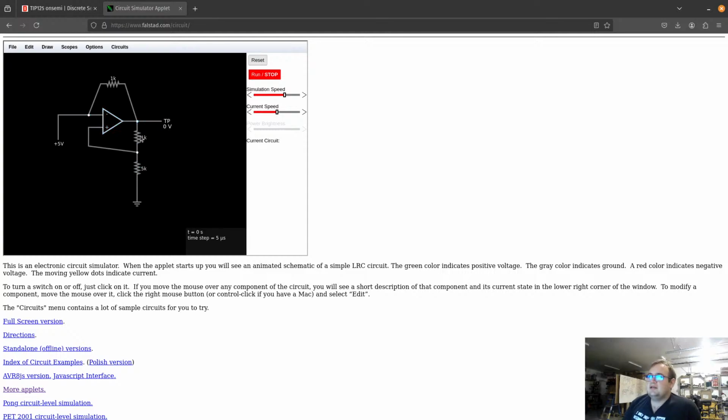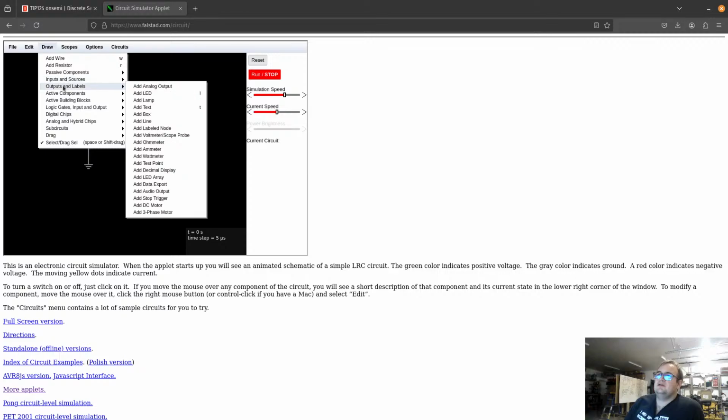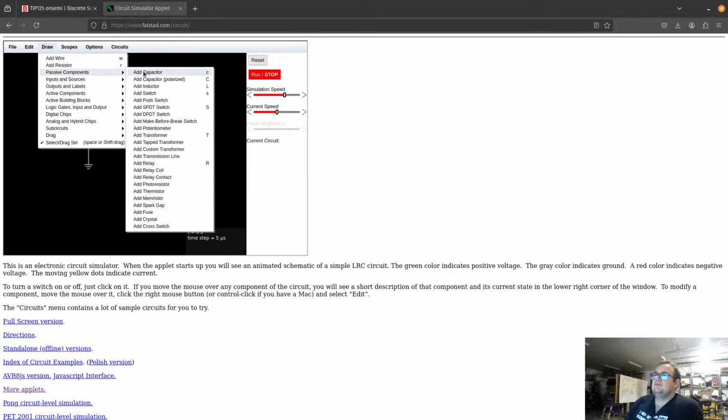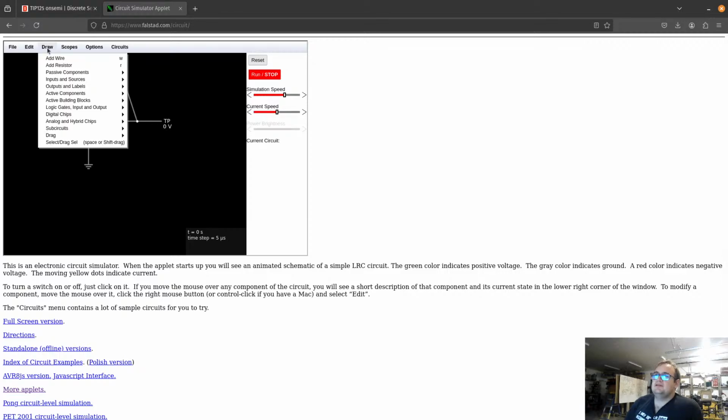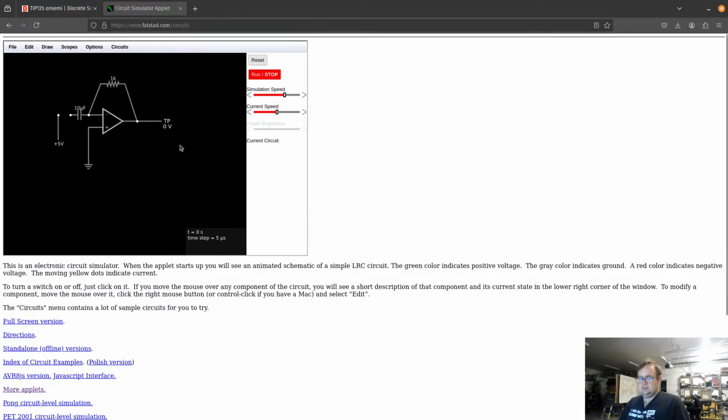Now we got that all connected, but this circuit actually has us grounded out the positive voltage here, and it has us put in a capacitor here. Passive components, add capacitor. Doesn't say what capacitance. Escape. Just delete this here.